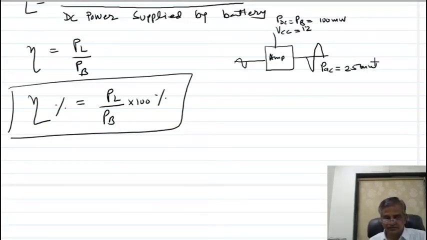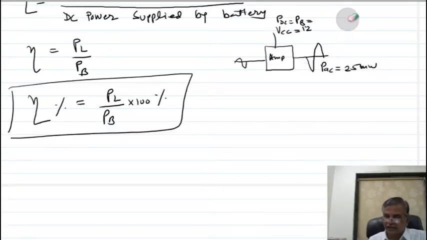This means this circuit is capable to convert only 25% of the DC power into AC power. So efficiency of this circuit is 25%.